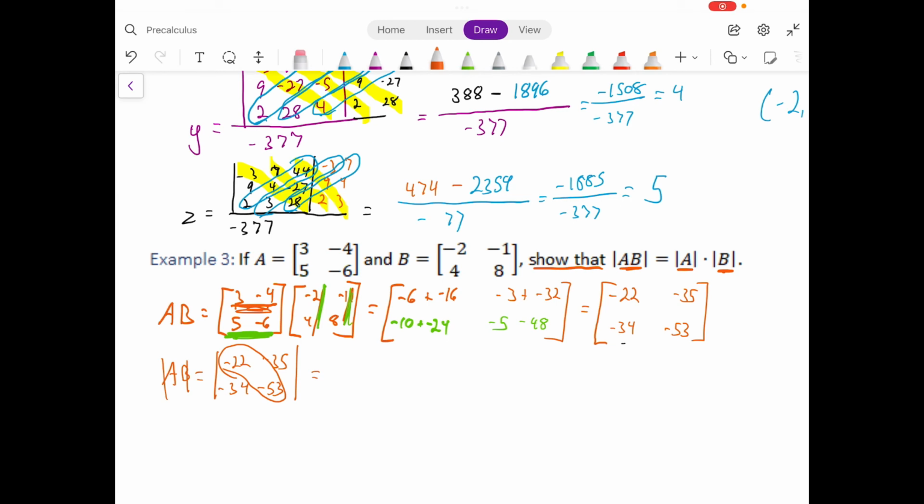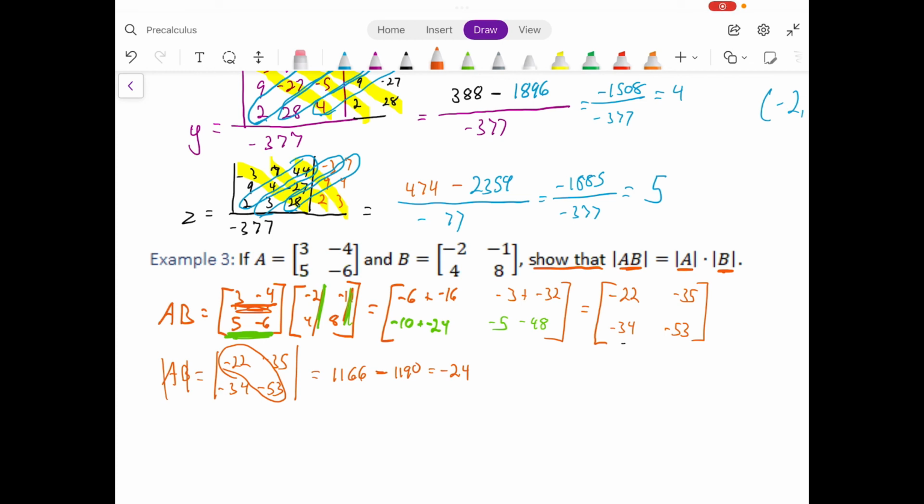That's 1,166 minus negative 35 times negative 34. It's 1,190. We subtract those and we get negative 24. So that's the most time-consuming part of this question.